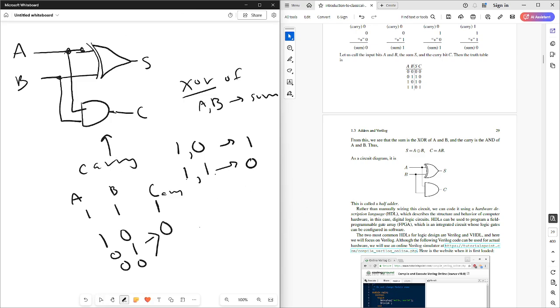This is the half adder. This is just one iteration of finding sum and carry.